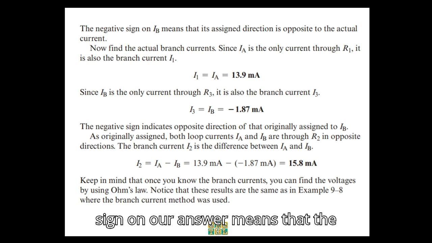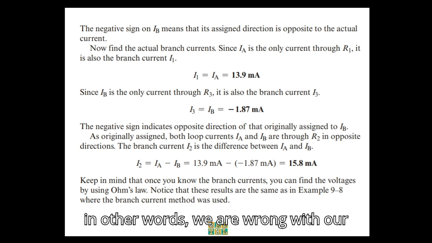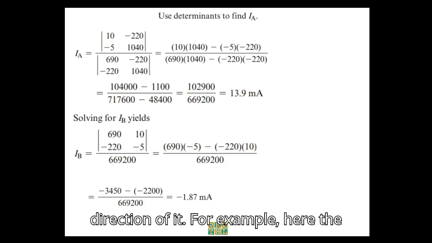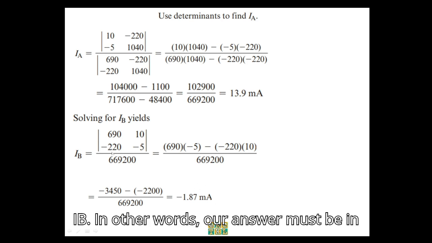Now, the negative sign on our answer means that the direction that we assigned to the current is actually opposite. In other words, we are wrong with our direction and we have to reverse it. For example, here the answer is negative 1.87 for IB. In other words, the direction of IB must be opposite.